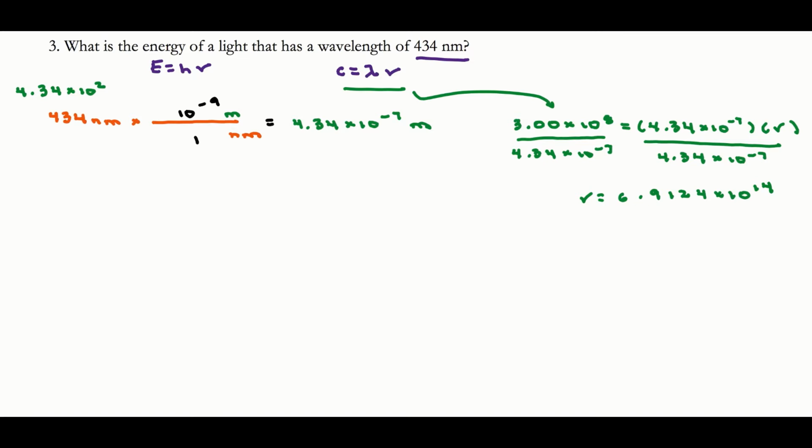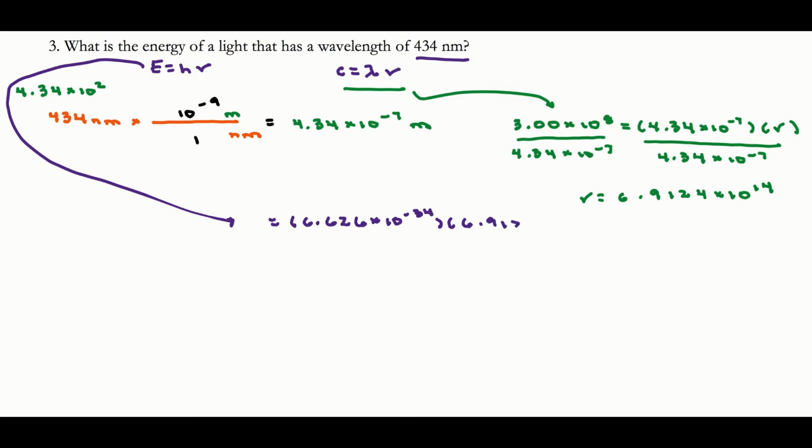So now that I know my frequency, I can take this formula, bring it down here. I'm going to solve for my energy. I know that my energy is Planck's constant, 6.626 times 10 to the negative 34th, times my frequency, which I just solved for, 6.9124 times 10 to the 14th.